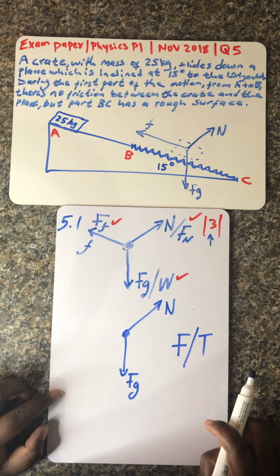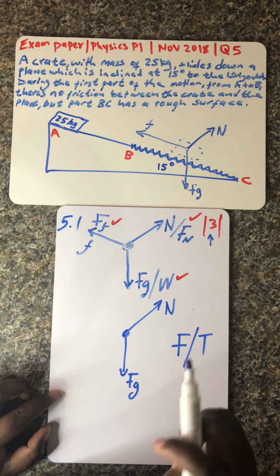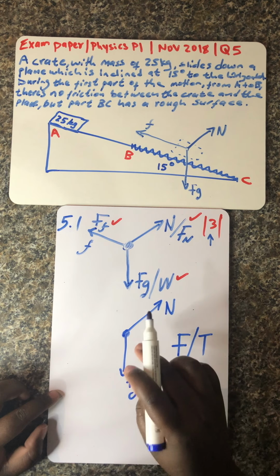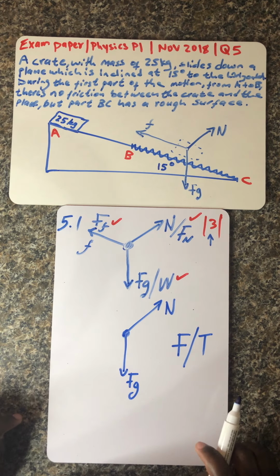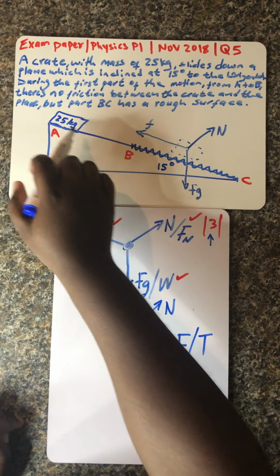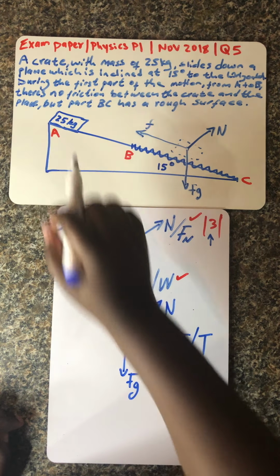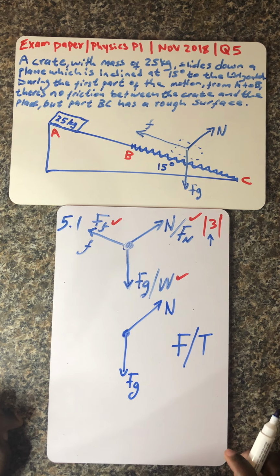If there was an external force, you would add it on this free body diagram, but in this case we haven't got any external force, so that means this is just sliding as a result of gravitational force.